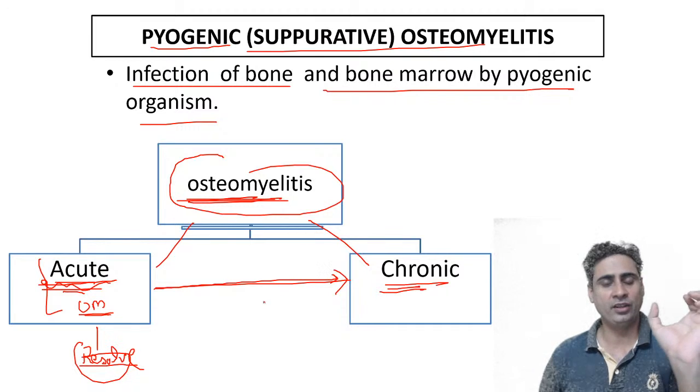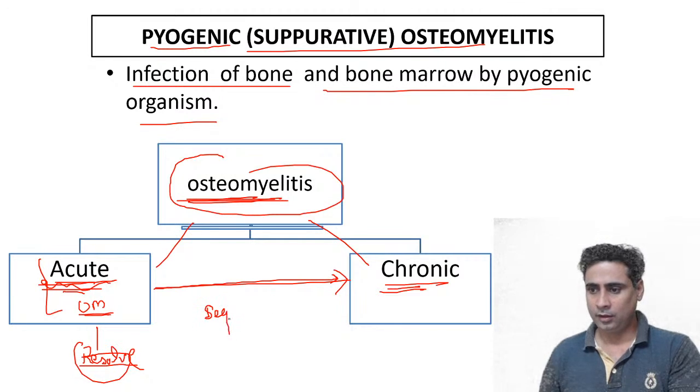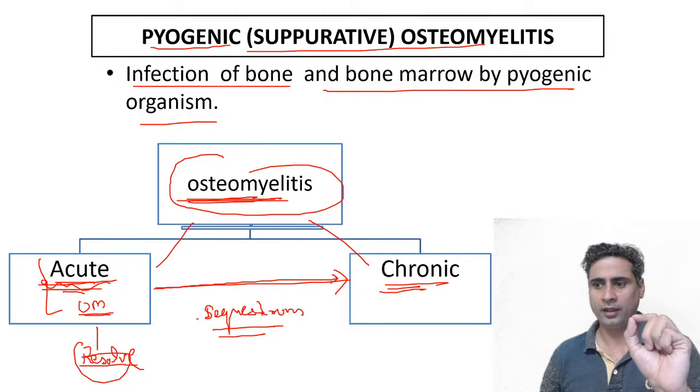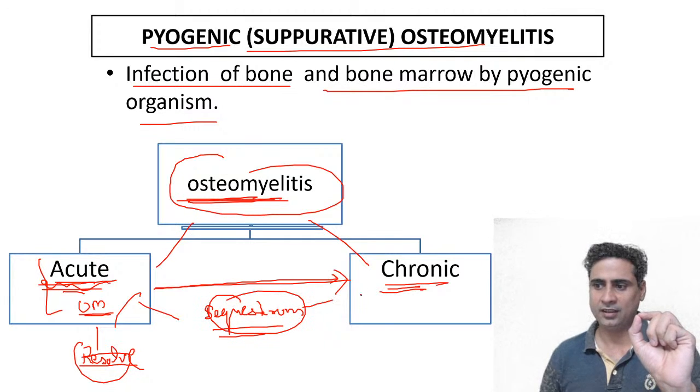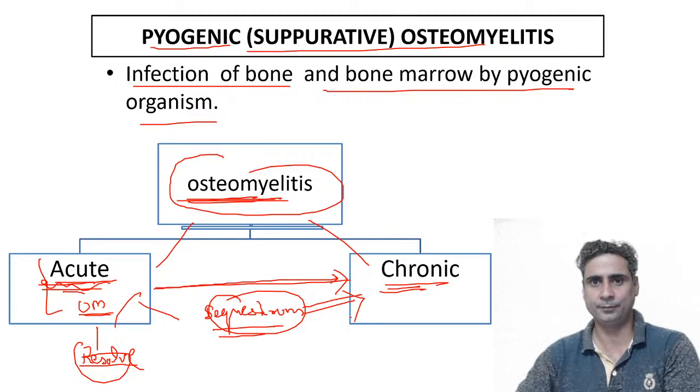Now the definition and differentiation between acute and chronic osteomyelitis is based on formation of sequestrum, dead necrotic bone. If there is infection and sequestrum has not formed, it is acute osteomyelitis. If after the infection sequestrum has already formed, it is considered as pathognomonic of chronic osteomyelitis.